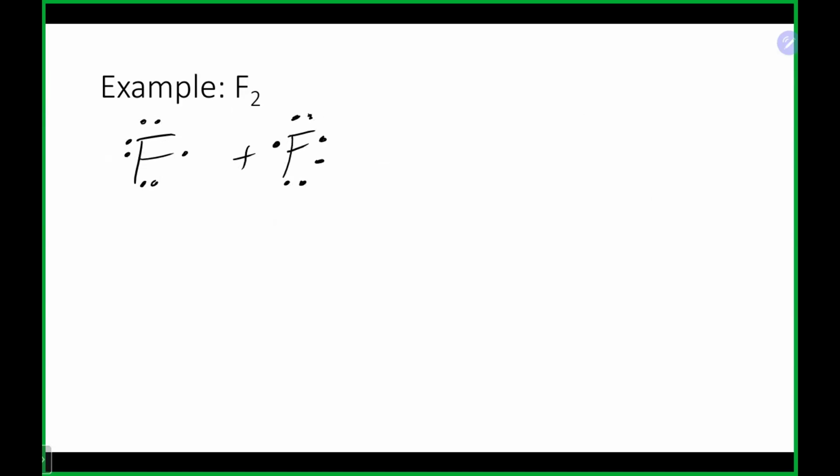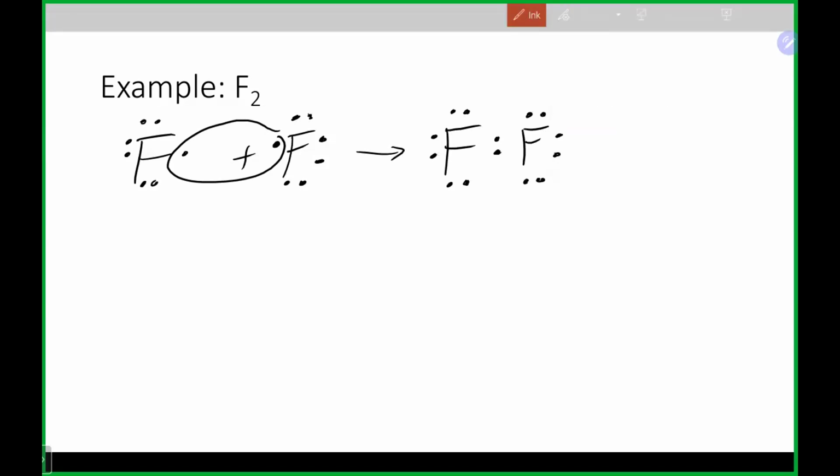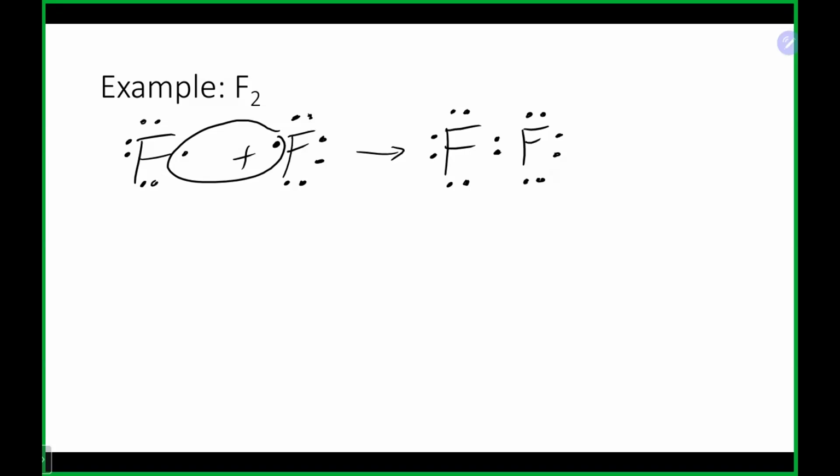Once again, they're both nonmetals, and they're exactly the same nonmetal. So again, no transfer of electrons is going to happen here since they're both nonmetals. This is going to be a sharing of electrons situation, and that's going to result in a covalent bond being formed in this case, which can be represented like so.